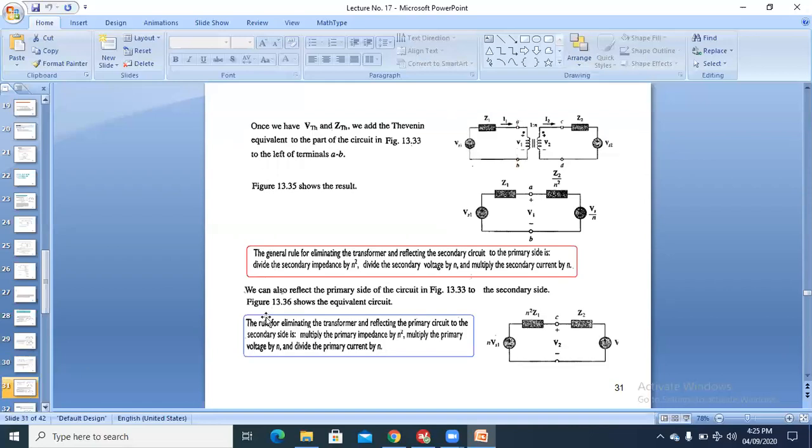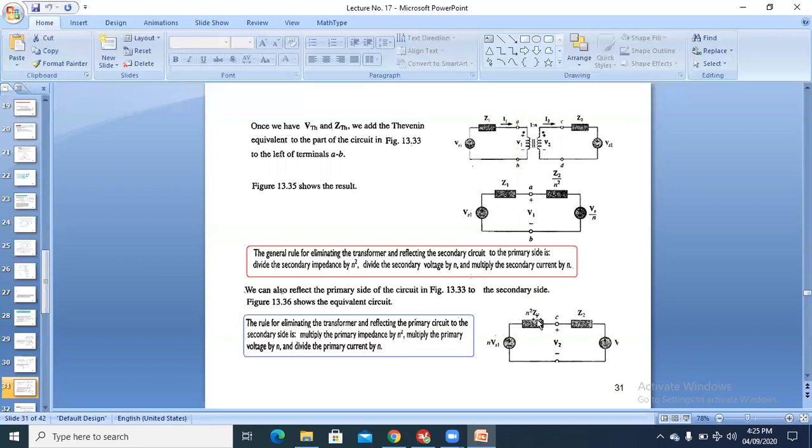So the overall circuit reflected over the primary side has impedance Z2 by N squared and the voltage Vs2 by N. So now the potential across the terminals A and B is V1.